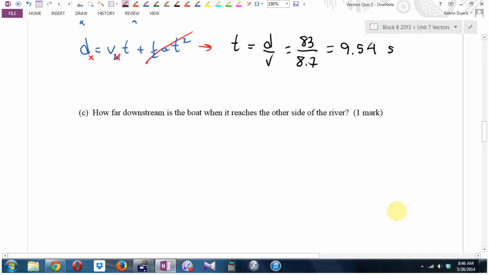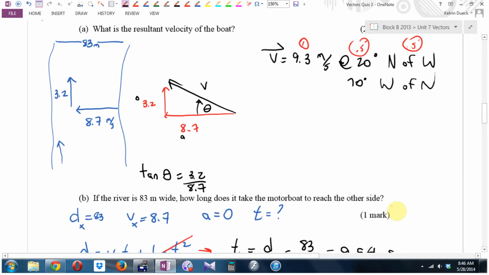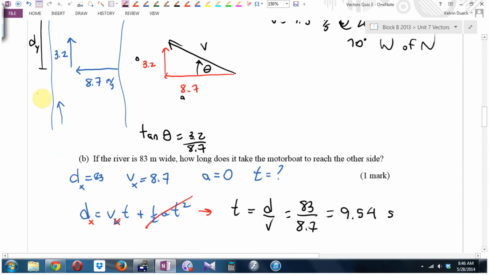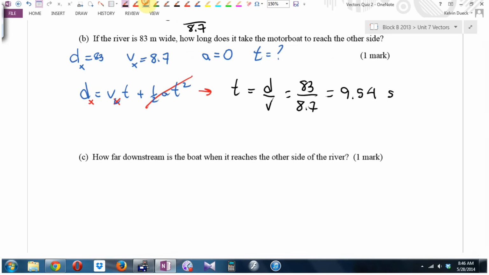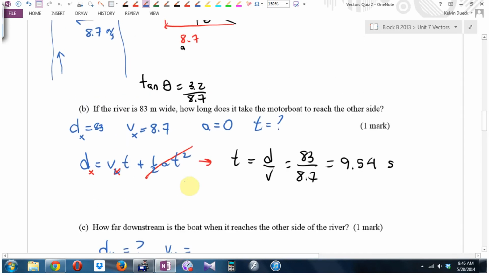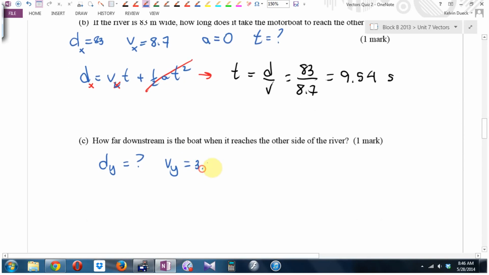Okay. How far down? Now they want downstream. I think what they're asking for now is that distance. I'll call that dy because it's vertical. Tough audience. Well, vy is in the same direction, 3.2. I know that time is 9.54. Again, we're assuming the river is steady.